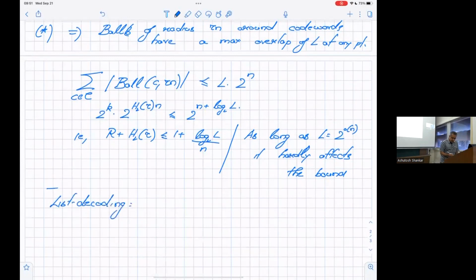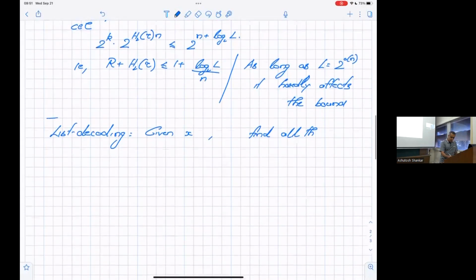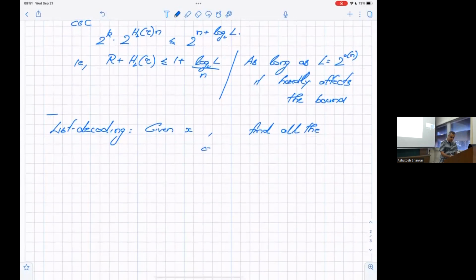List decoding is the algorithmic question that, given x and tau, find all the code words in the ball of radius tau n.